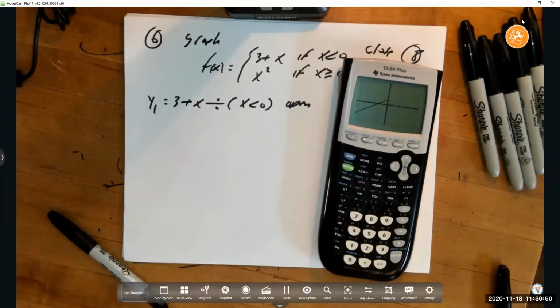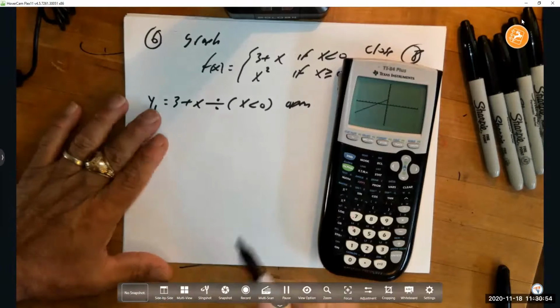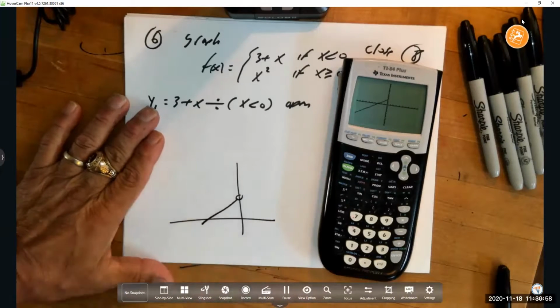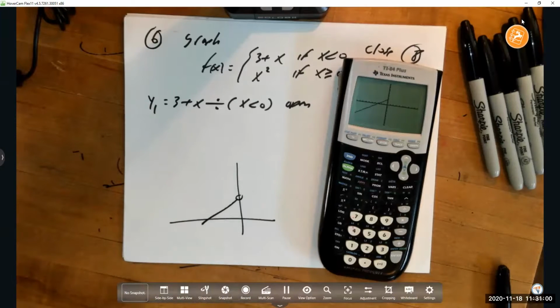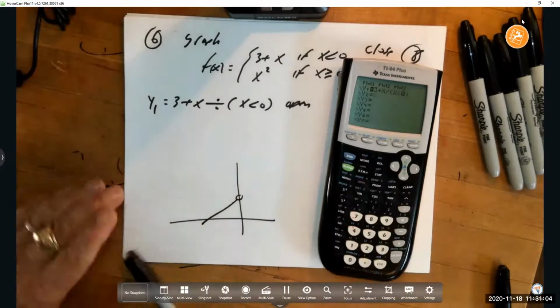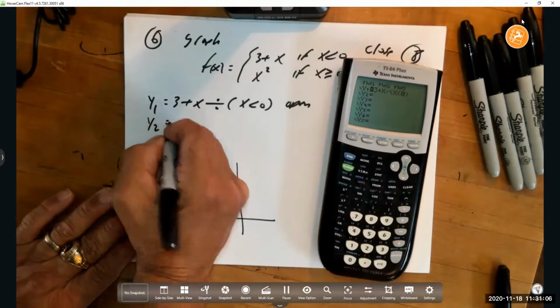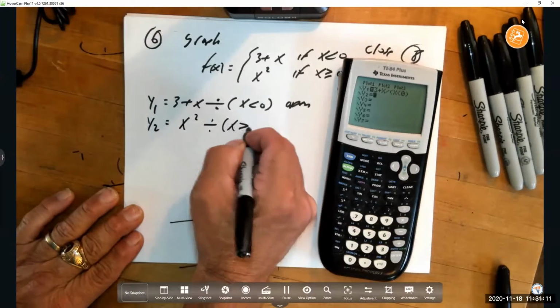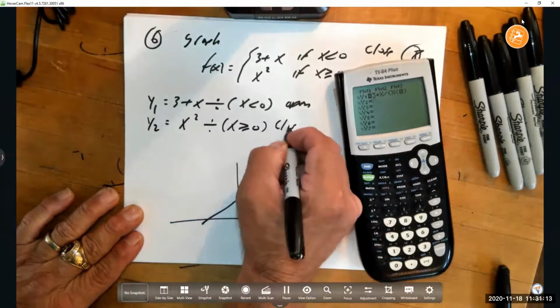Now we have our first graph. It goes like this, goes right that way. Second graph. Y2 is going to be x squared, division symbol, greater than or equal to 0. This is going to be closed circle.